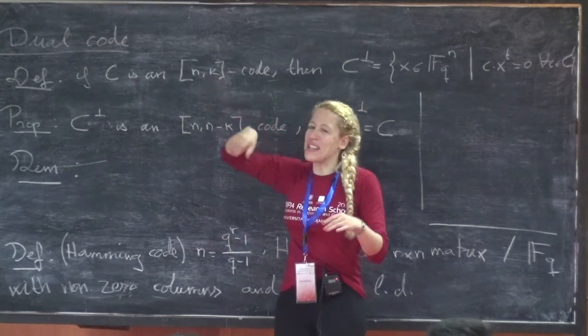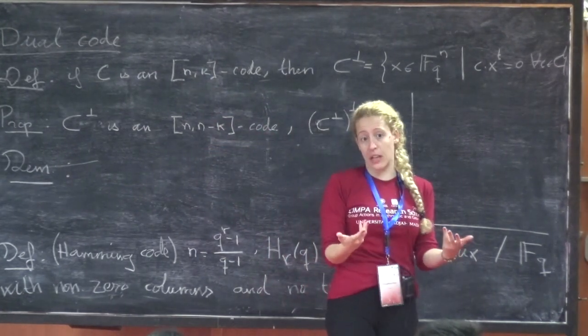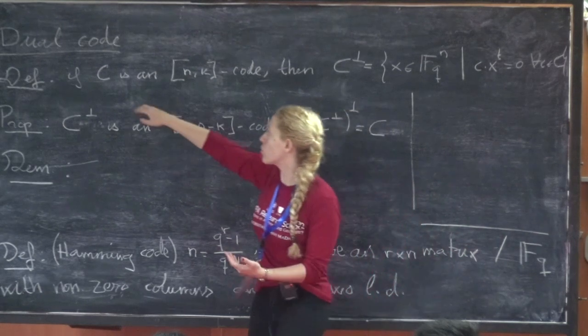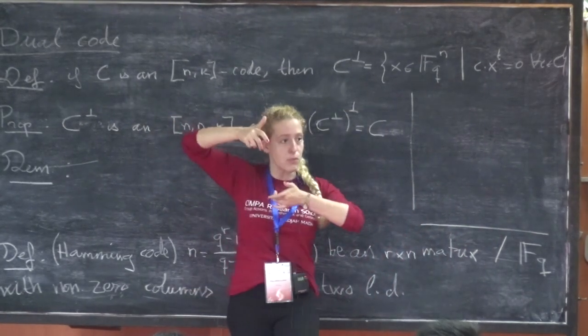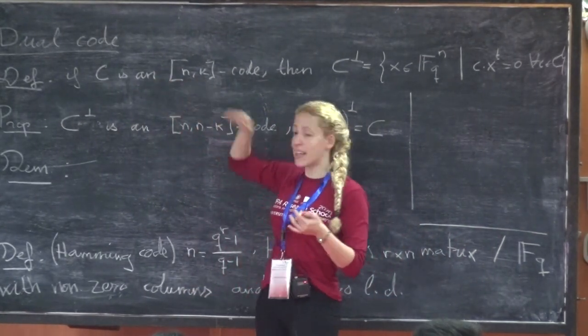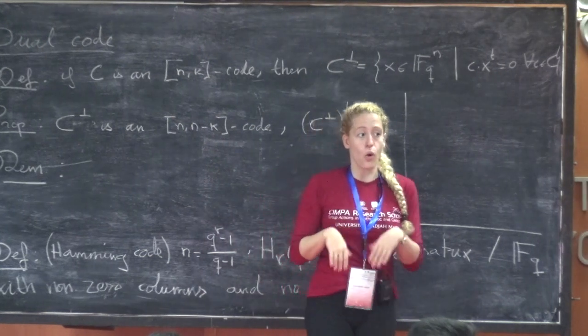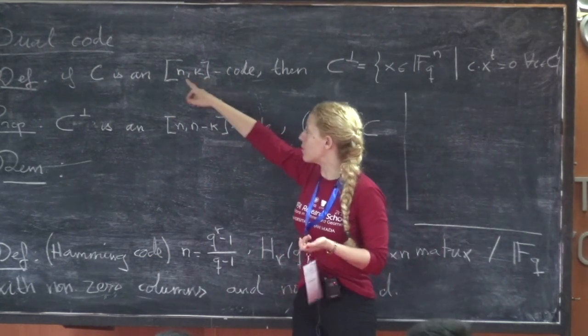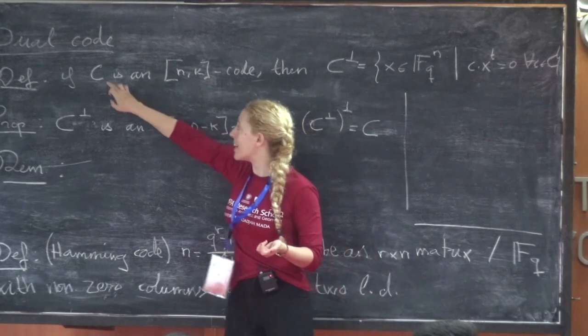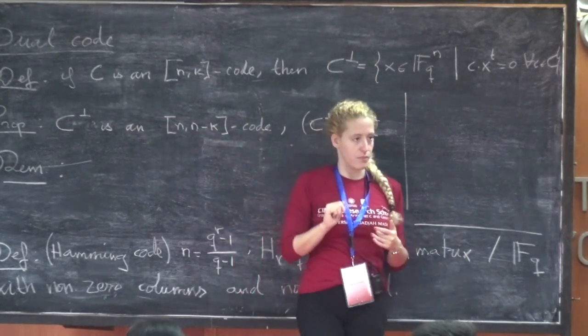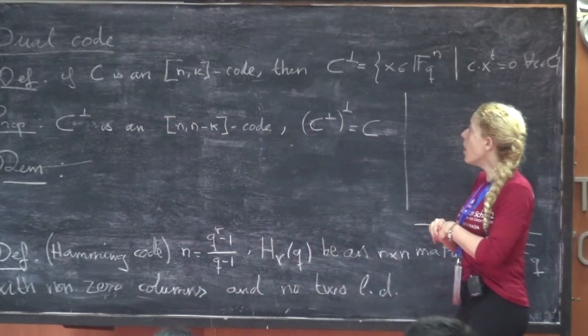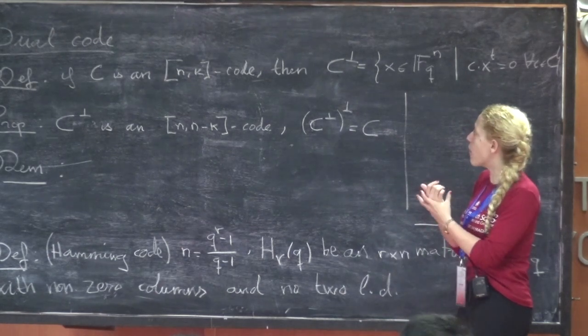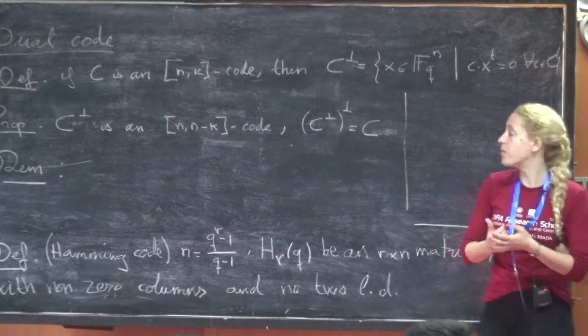And k is the dimension when you have a linear code. So when you have a linear code, this is going to be isomorphic to F_q to the k. Otherwise, if it's not a linear code, the cardinality of C is q to the k. With this in mind, we define the dual code as follows.